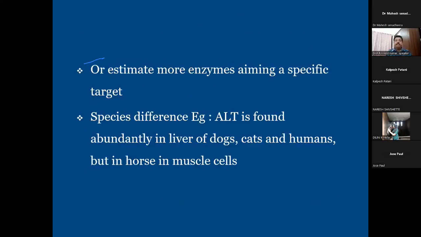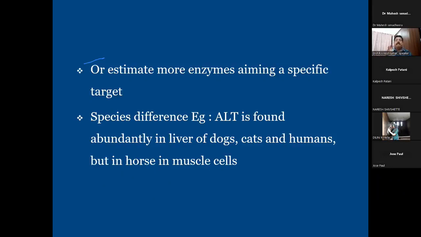Then species differences. ALT is found abundantly in the liver of dogs. One thing you have to keep in mind is ALT and AST. See, these are all new names of SGPT and SGOT. SGPT is ALT. SGOT is AST. SGPT is liver specific. That means ALT, L is liver.